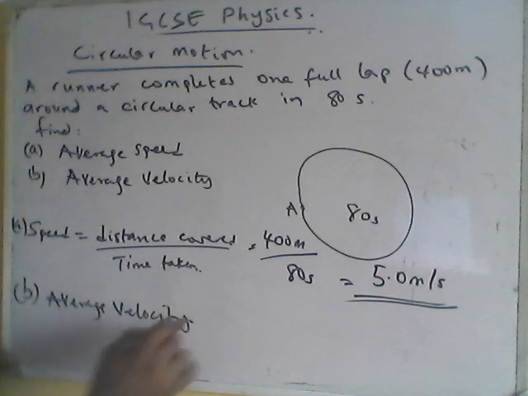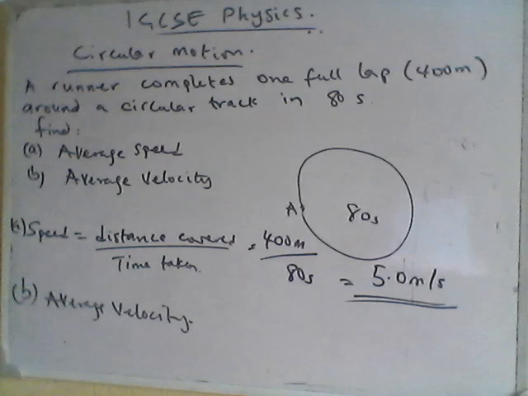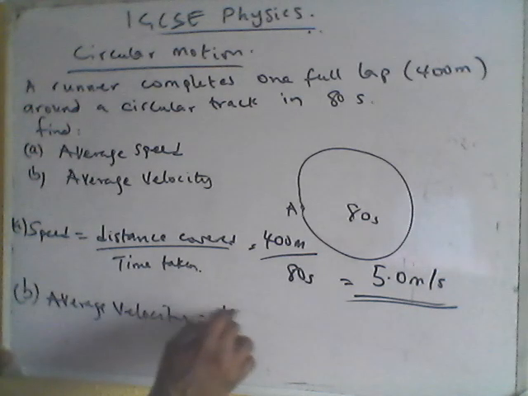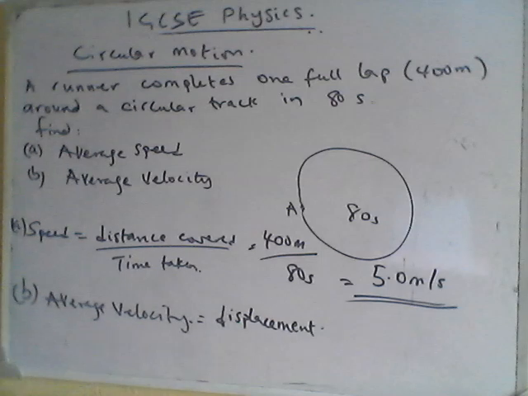Because the guy started from here, and at the end of the day, he appeared here, there's no net displacement from his original position. The displacement this time is the net displacement. Displacement means the net movement between the initial point and the final point.